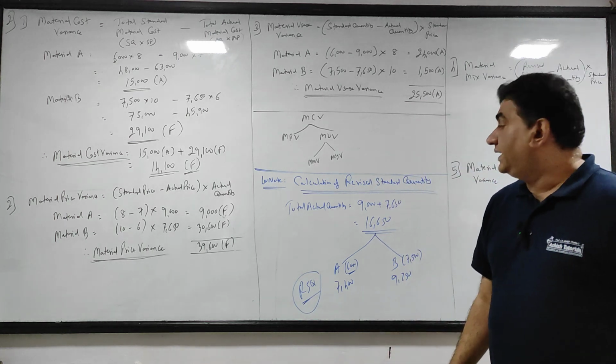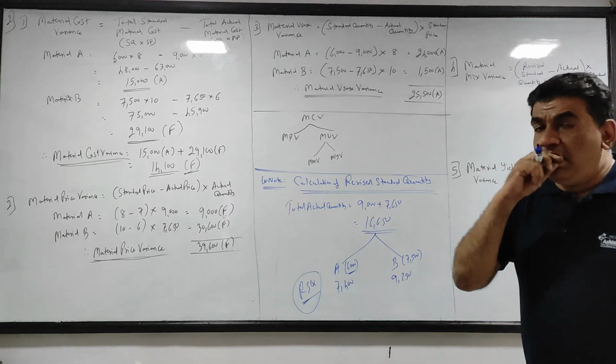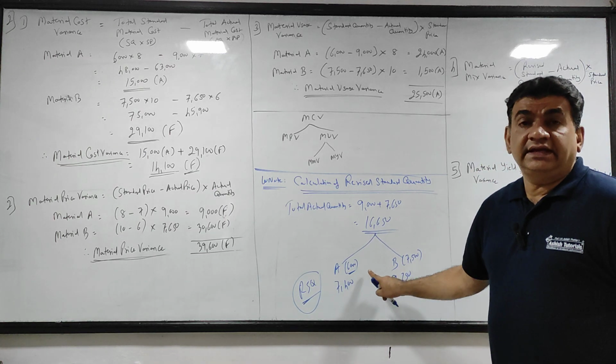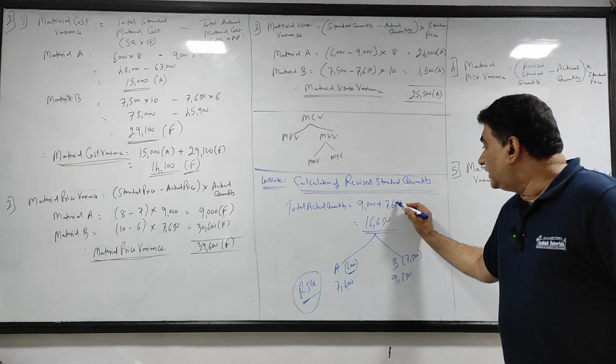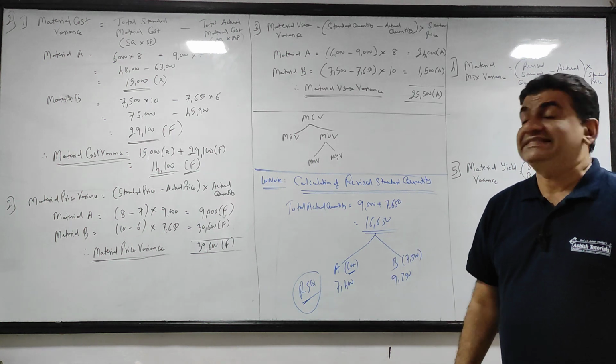Revised standard quantity is, add up the actual quantity and divide in the ratio of standard.